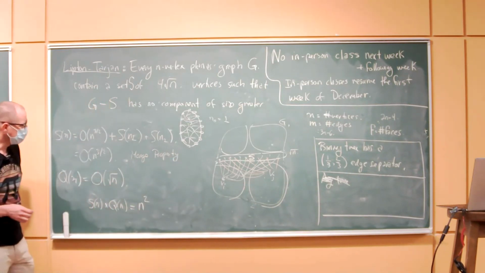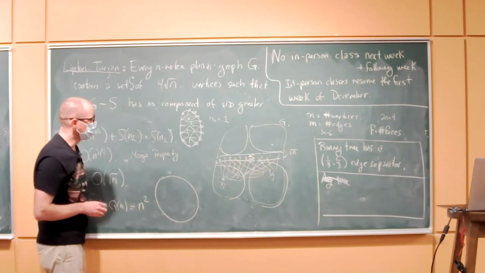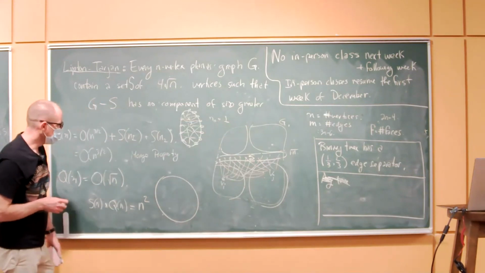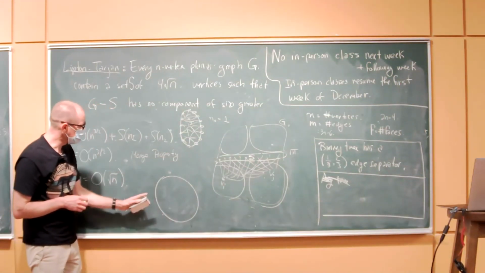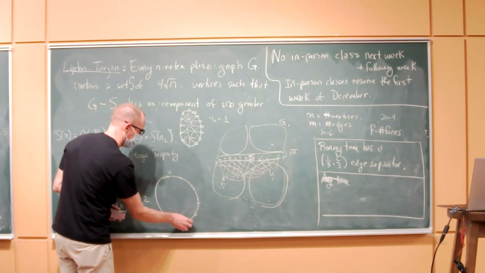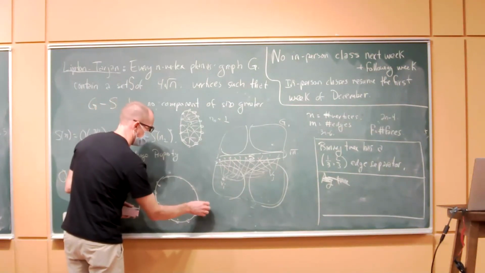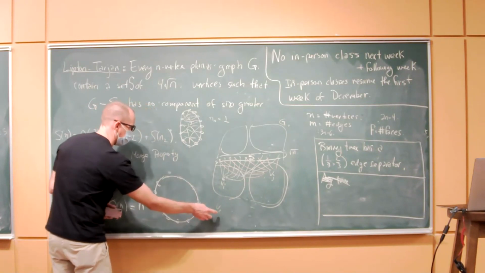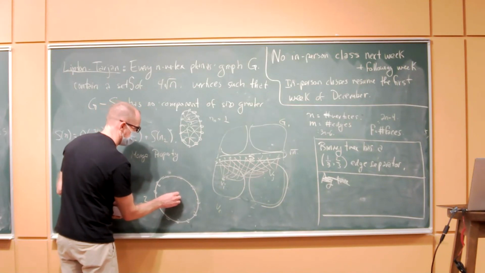But basically, it's used to solve this problem of finding the minimum here. And for that, you use a special separator. Let's say the simplest thing would be a cycle in your graph. And you have some vertex that's going to be outside the cycle, some vertex that's going to be inside the cycle.